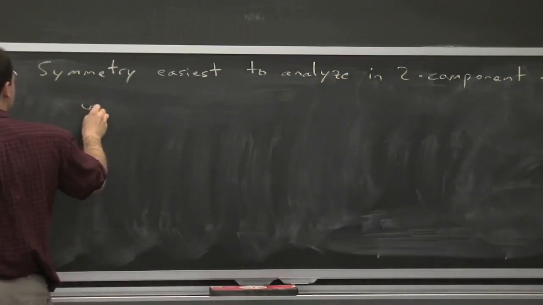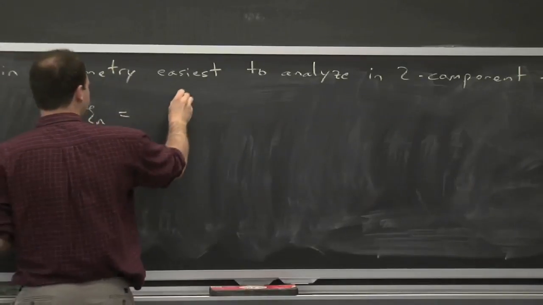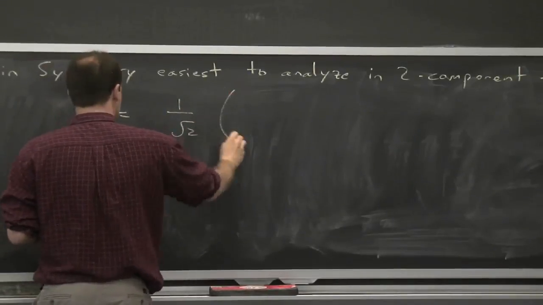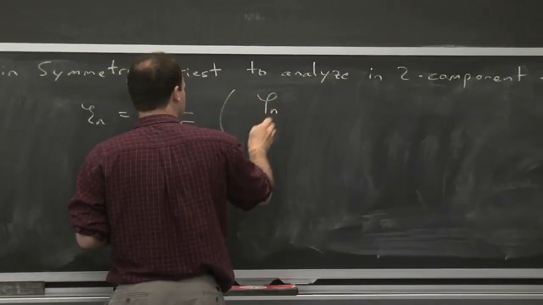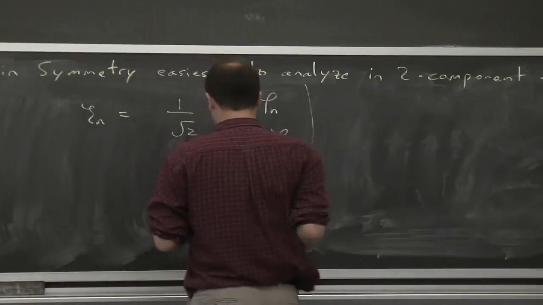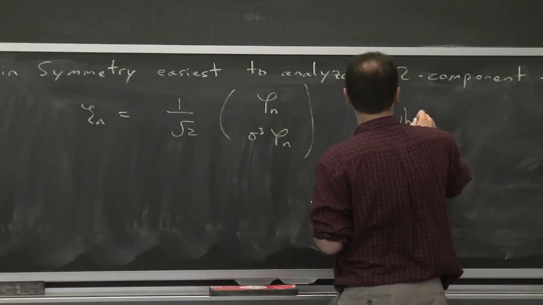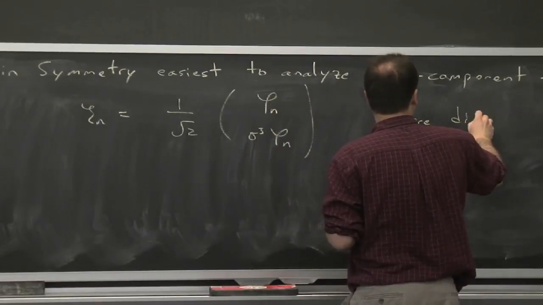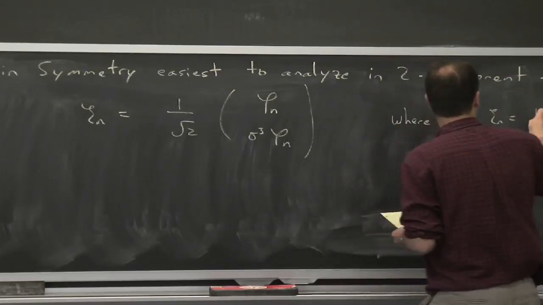So take C_n and write it as follows, with this phi_n as two components. And I've set things up so the dimensions of C_n are equal to the dimensions of phi_n.